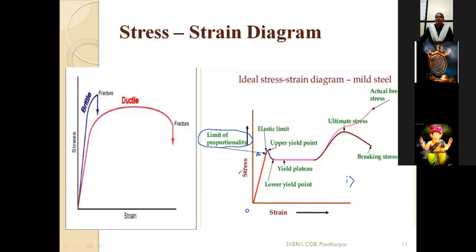After that, write down the second point. Oh, sorry, continue with point number 1. This stress is called the limit of proportionality. Write down the next line.